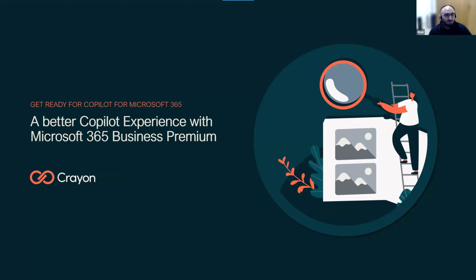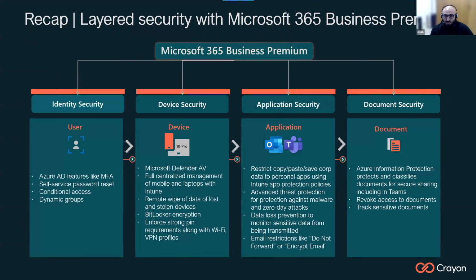A better experience with Microsoft 365 Business Premium. As we see on the screen, these are the Microsoft 365 pillars. This layered security within Microsoft Business Premium offers you strong protection and data governance for your customer tenants.